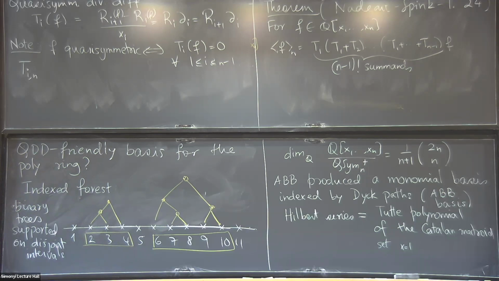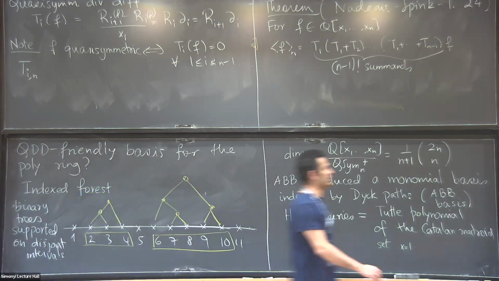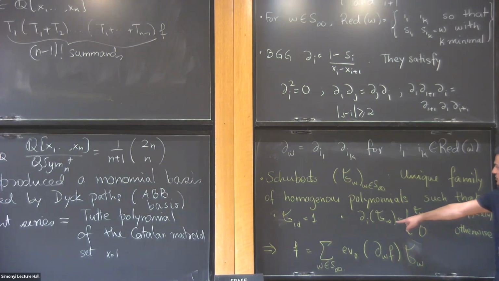All right. On this object, I will define a move which is combinatorially meant to mimic the fact that when you take a permutation and multiply it by the simple transposition s_i, you get something interesting happening if and only if the length drops. You lose an inversion.